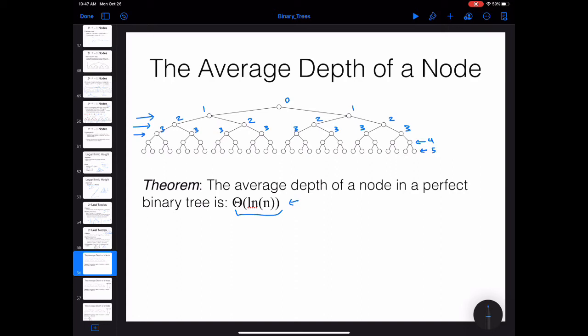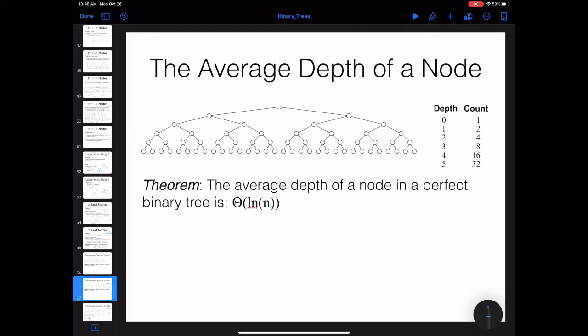Give me a pattern to calculate the average depth of all of the nodes. If I'm going to calculate the average depth, I need to get the summation of the depth of all the nodes, then divide it by the number of nodes that I have. So what is the pattern that I can follow?